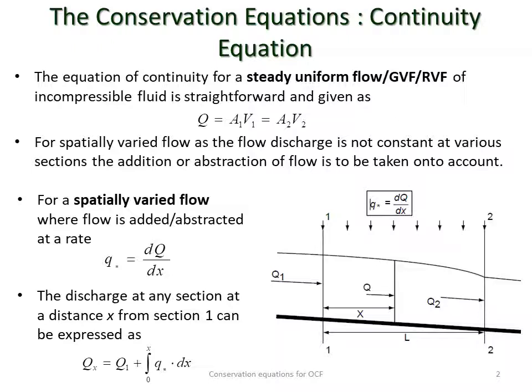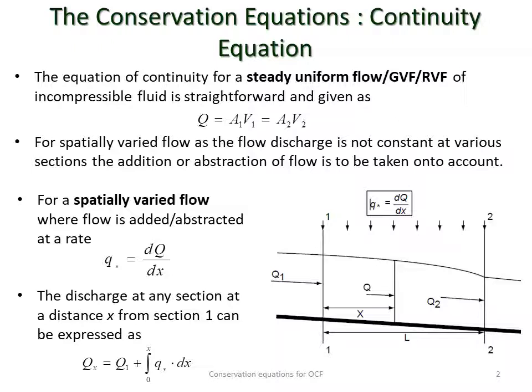Remember that steady uniform flow, gradually varied flow, or rapidly varied flow are those flows in which no flow is added or abstracted from the main flow. So the equation of continuity is given by such a simple one.